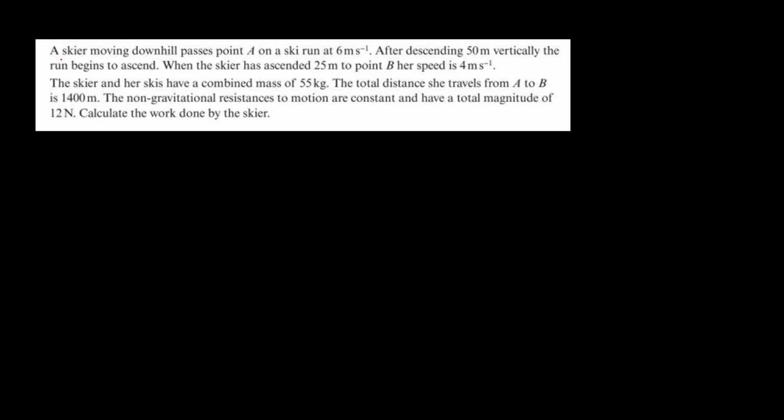Alright, so in this next question, we've got a skier who's moving downhill at a speed of 6. Then they descend 50 meters, and then they ascend 25 meters. So their motion should look something like this, where they're falling downhill at a height of 50 meters, and then they rise 25 meters.